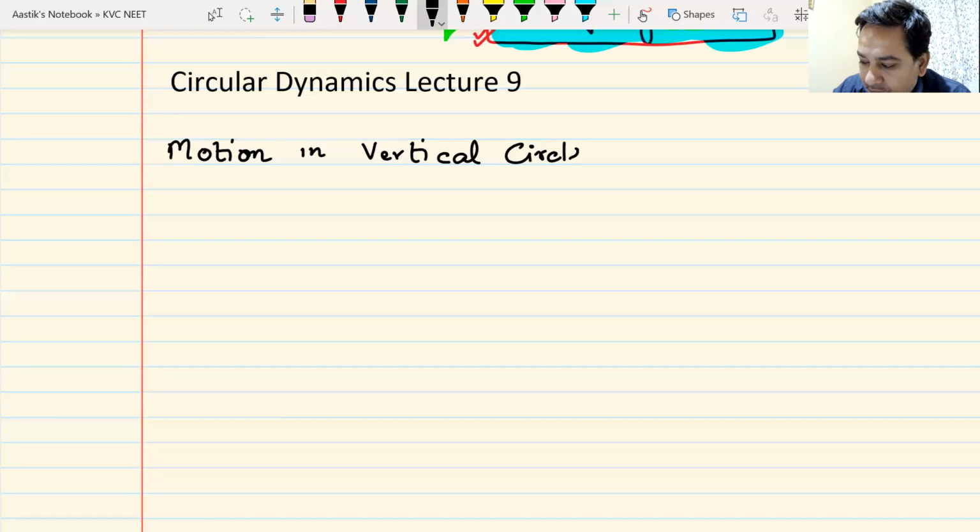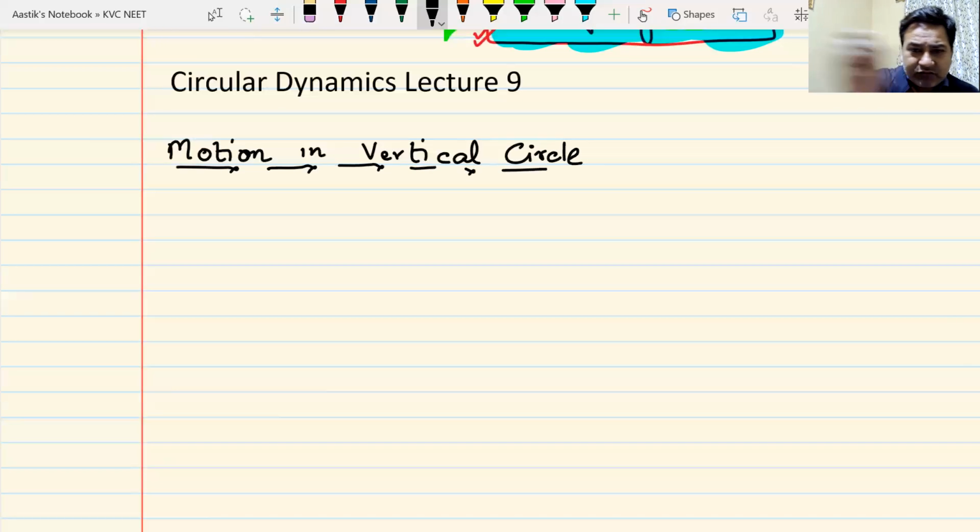Now, what do you mean by motion in a vertical circle? It is plain simple. Instead of things moving like this, where making a diagram of a horizontal circle was a bit difficult, every time everything was going inside and coming outside, now things are going to happen like this in this plane.